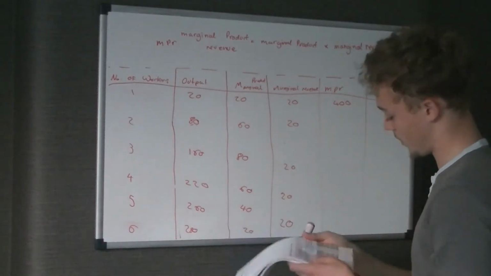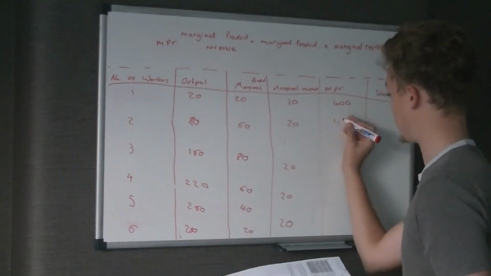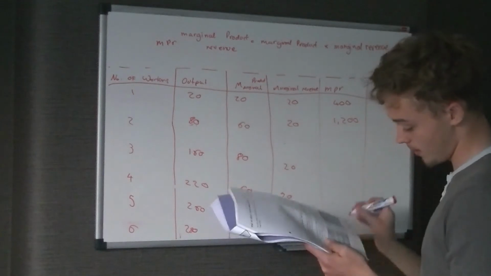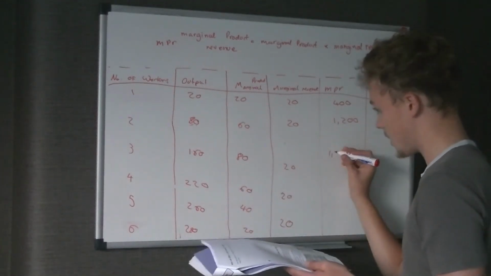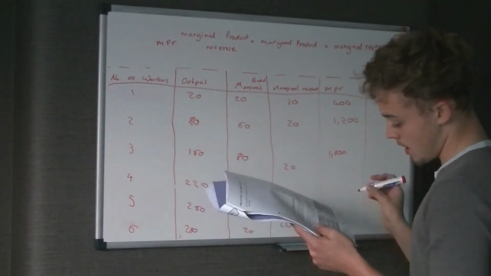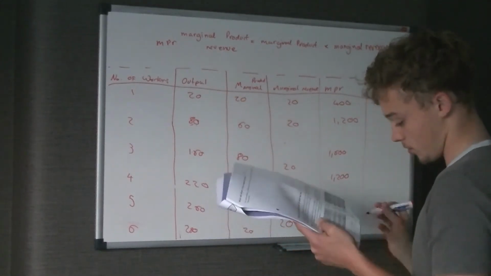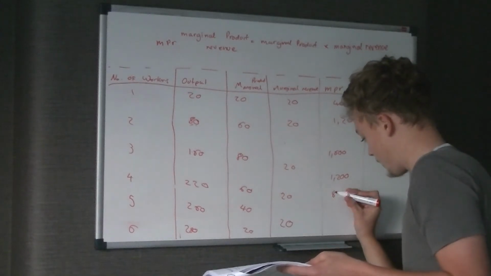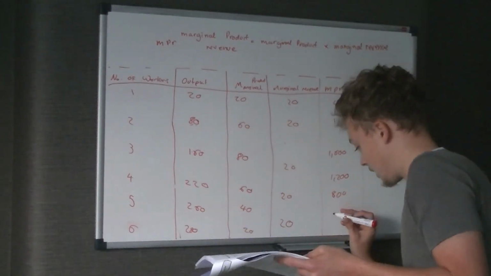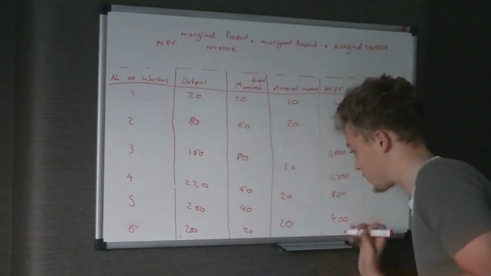This is in pounds, by the way, doesn't matter. And then it goes 1,200 at 2 workers, 1,600 at 3 workers, 1,200 at 4 workers. Again, these don't line up, but hopefully you're getting it. Then at 5 workers it's £800, and at 6 workers it's £400.